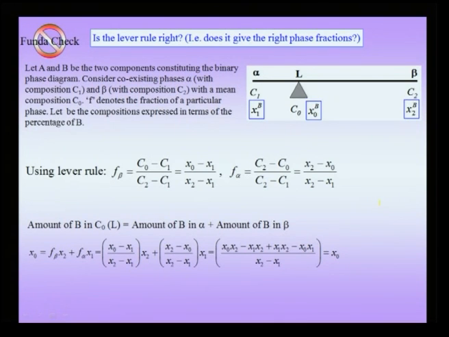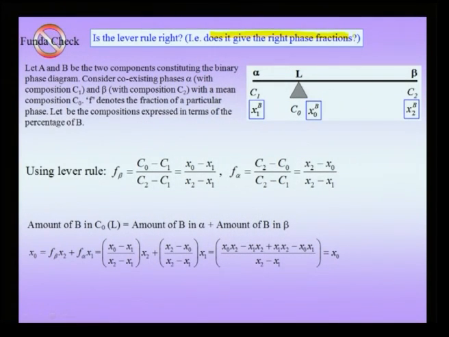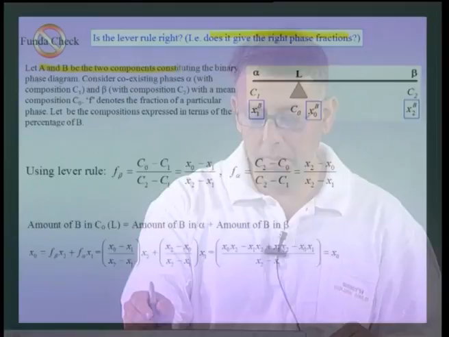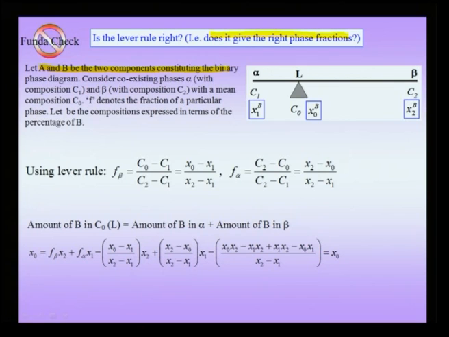Next, of course, we note that we have used the lever rule, and we know how to compute, using the lever rule, the fractions of, say, the solid and liquid in coexistence. But you would like to know if the lever rule is right, that is, does it give the right fraction of the phases present in a two phase mixture. So, let us assume that A and B are the two components constituting the binary phase diagram.